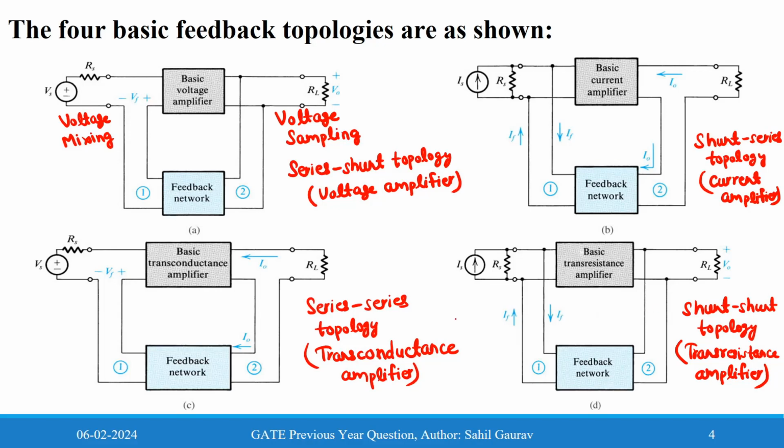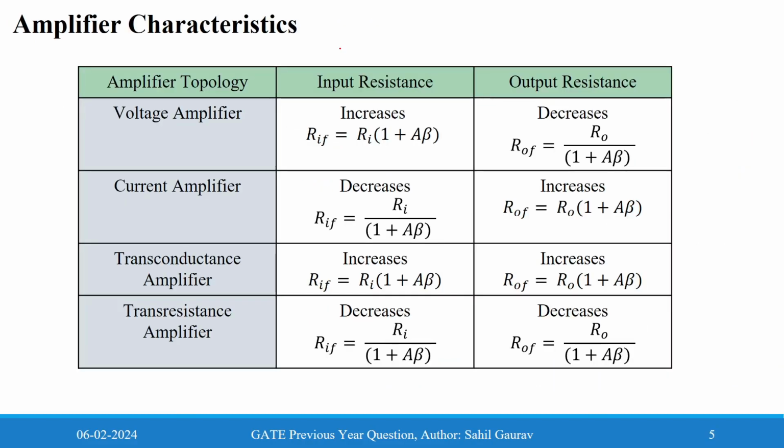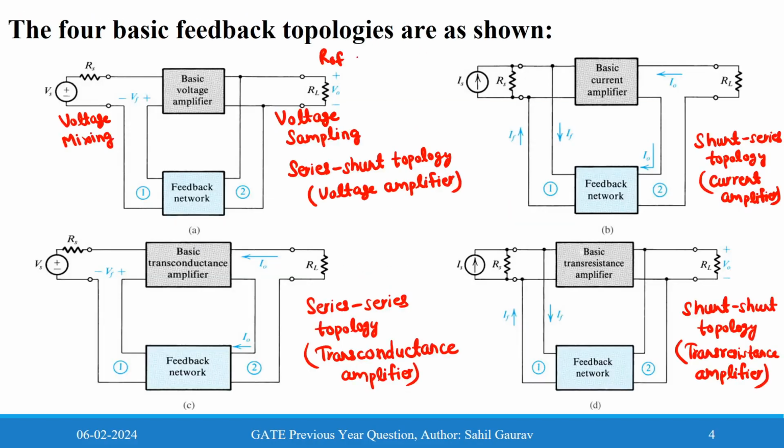So one thing I want to mention here, if you are doing the voltage sampling, then this output resistance will get reduced. ROF is equal to R naught divided by 1 plus A beta.